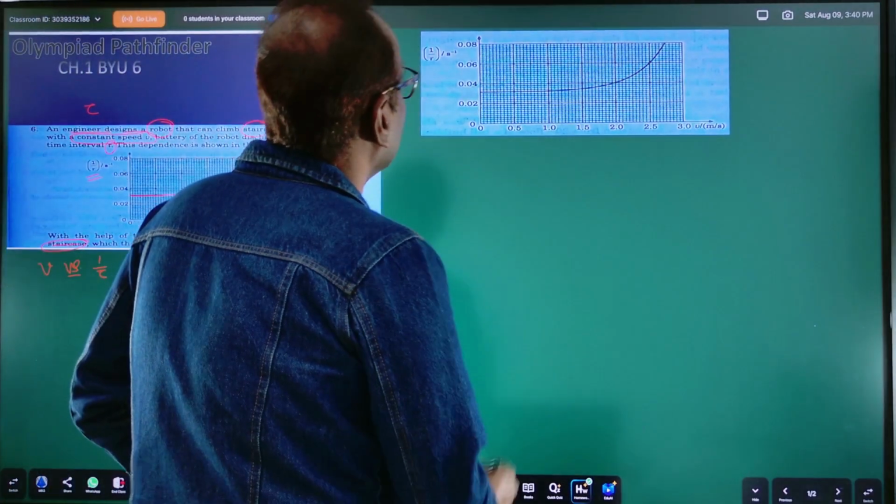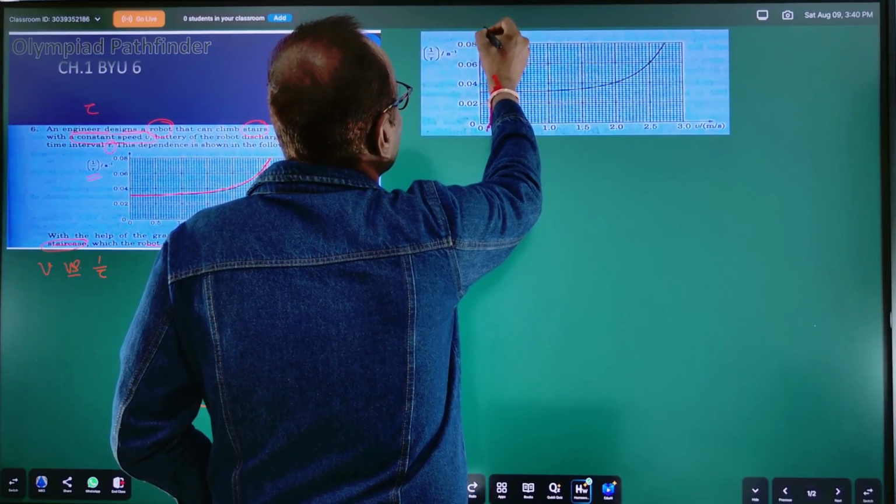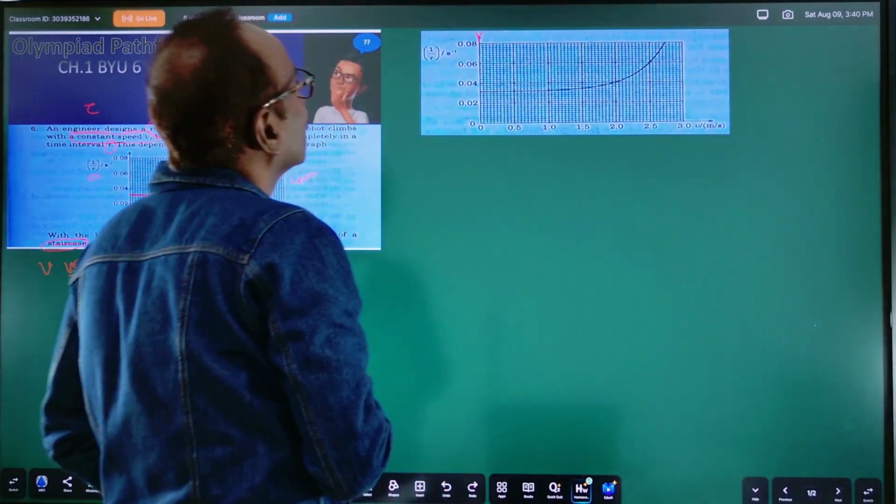So for convenience, let us write this axis as the y-axis.